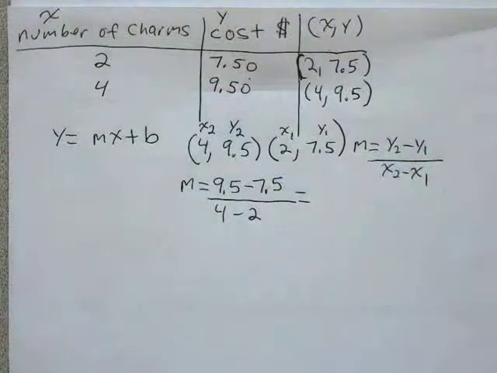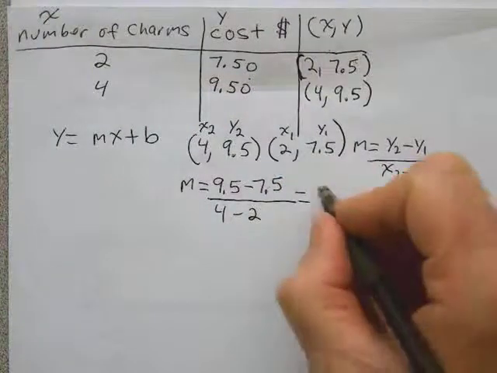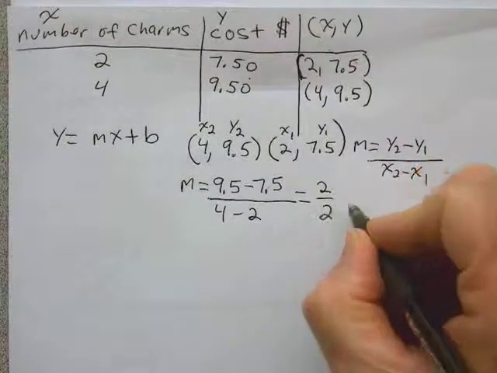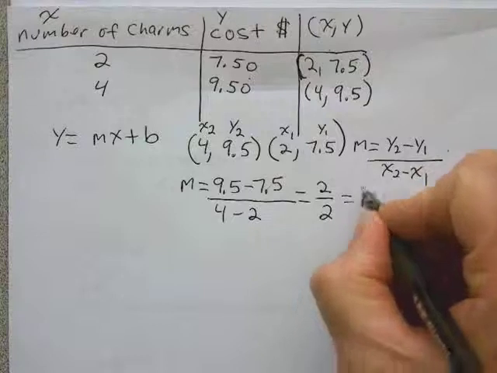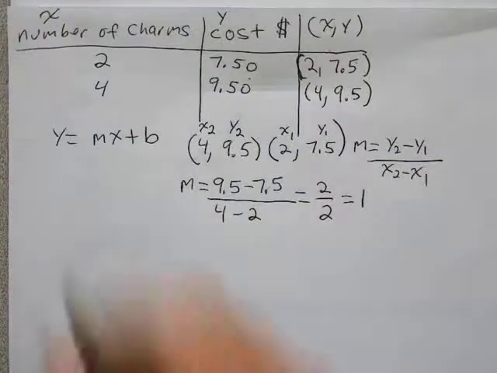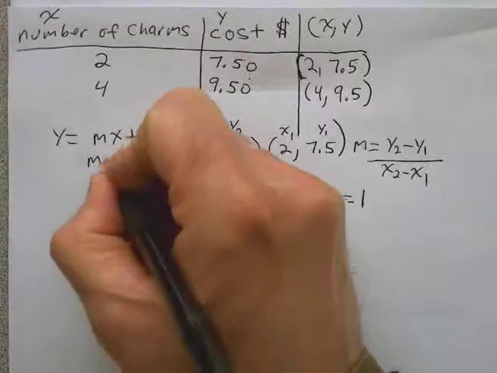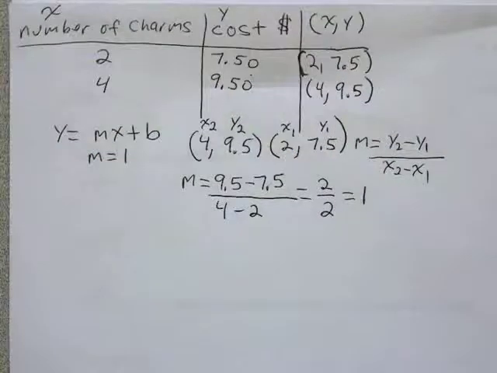Once I subtracted, that brings me to 2 over 2, which of course is the same as 1. And that means that in this formula, y equals mx plus b, m equals 1.